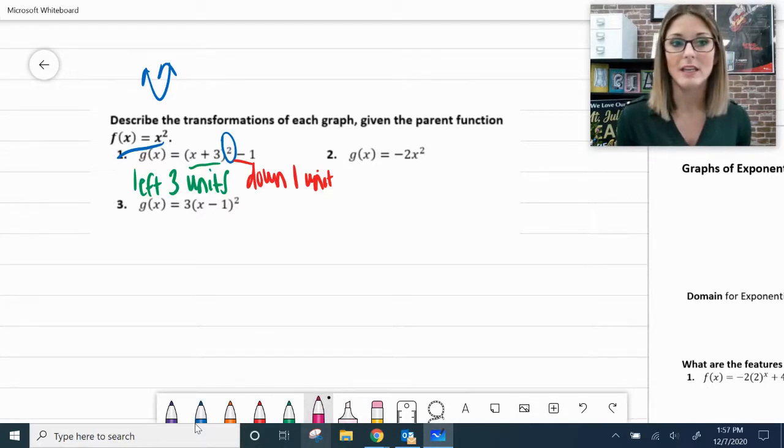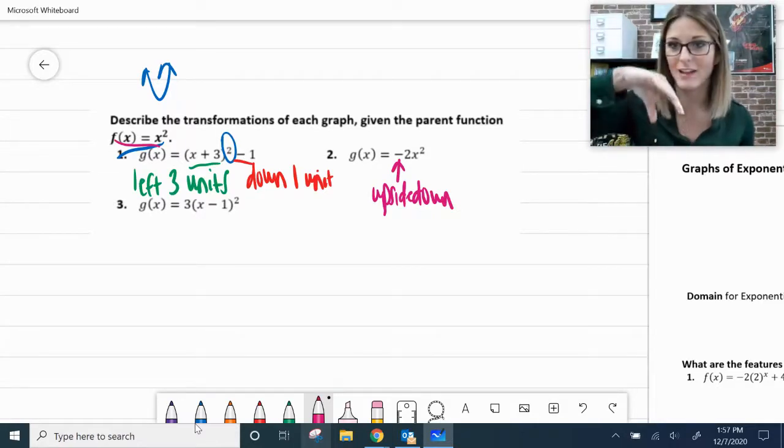Number 2, doing the same thing, comparing it to that original graph, f of x equals x squared. How is g of x equals negative 2x squared different? Well, you've got this negative in front, and that's my favorite transformation because a negative makes it reflect or flip upside down. So instead of a nice happy parabola, I've now got an upside down frowny face parabola.